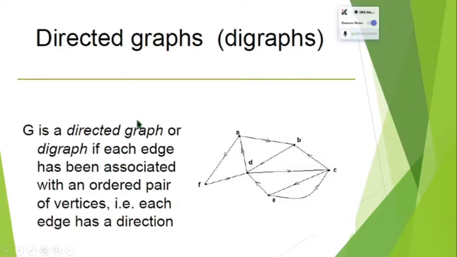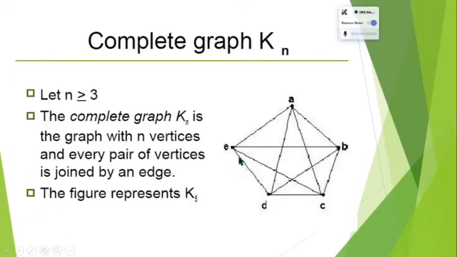That is why this is a directed graph, because it has arrowheads. Now, let's go with this one. The complete graph of K sub n, where we let n be greater than or equal to 3, is the graph with n vertices in which every pair of vertices is joined by an edge.